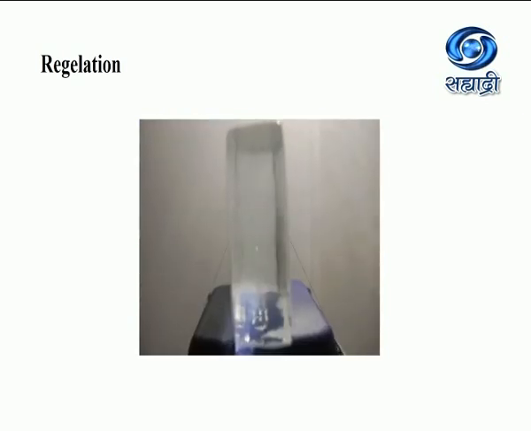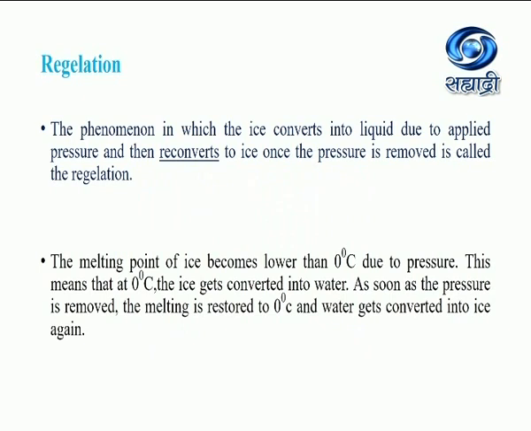How does this happen? This happens due to regelation, the phenomenon in which the ice converts into liquid due to applied pressure and then reconverts to ice once the pressure is removed. The wire puts the pressure on the ice due to which the melting point of ice decreases below 0 degrees Celsius.